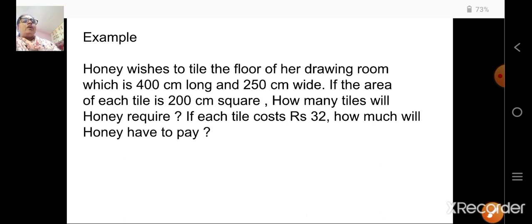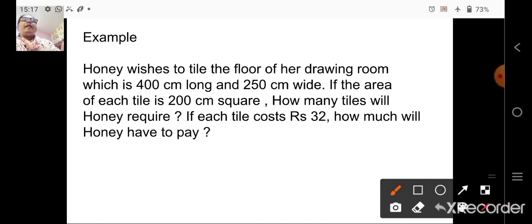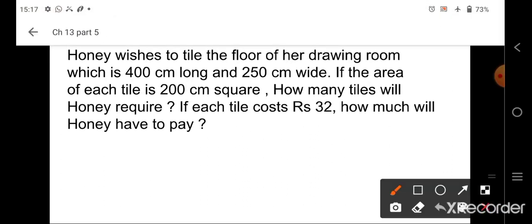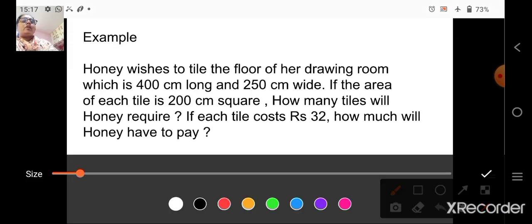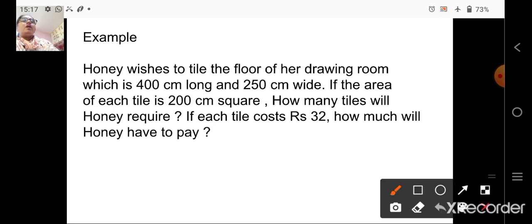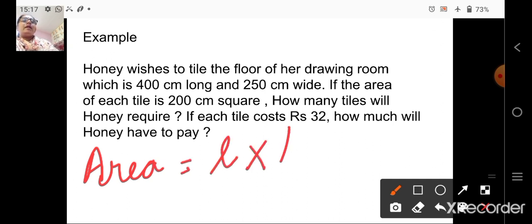Before that, we'll find the area of the drawing room. The area of the tile is already given, that is 200 centimeters square. To find the area of her drawing room, we multiply length into breadth.